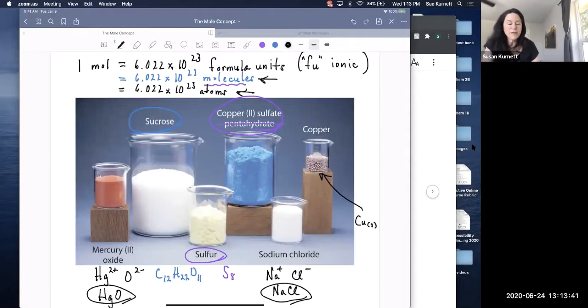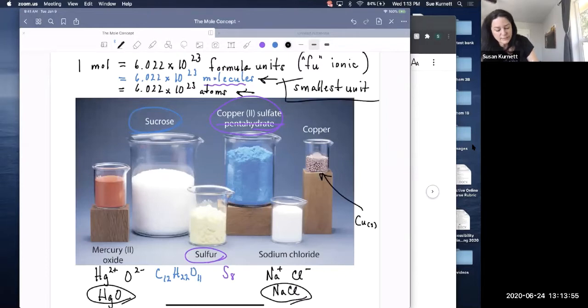And there's one more thing that we often refer to in how many mole is that, and that is ions. So we're talking about here the smallest unit, and the smallest unit includes those 3 plus ions.